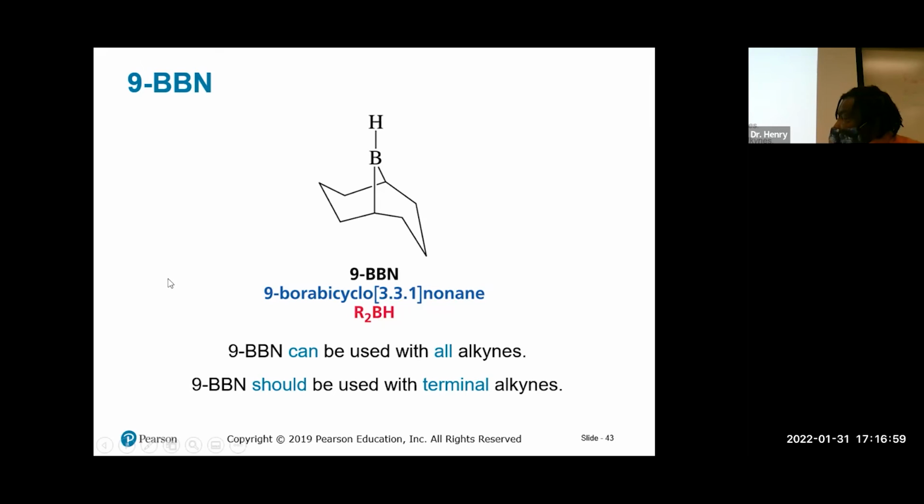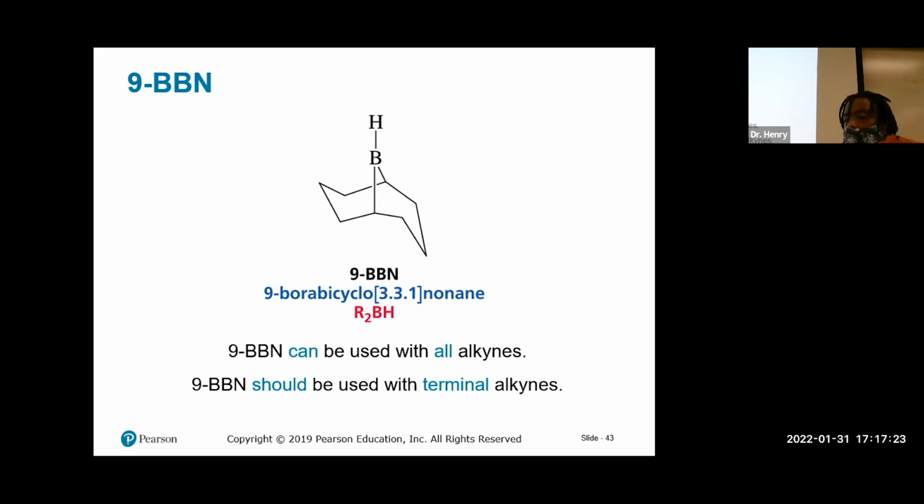So 9-BBN can be used with all alkenes, and it should be used with terminal alkenes because it'll work well with terminal alkenes. Okay. Questions?